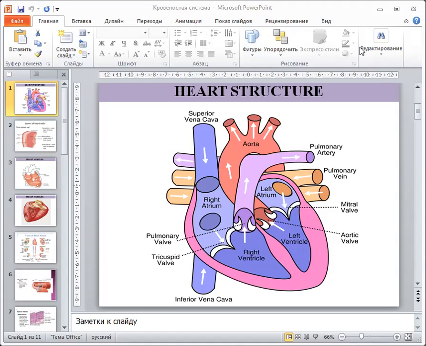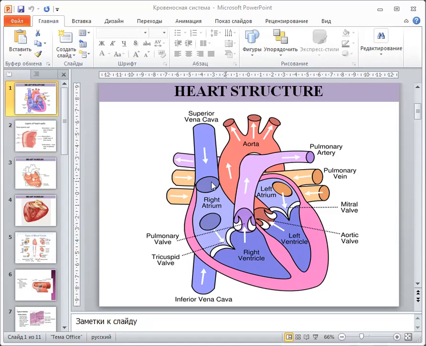The heart consists of 4 chambers, 2 atria and 2 ventricles. The left atrium and the left ventricle make up the left atrial heart. They are connected by apertures where a valve is located. There is a bicuspid valve, or mitral valve, between the left atrium and the left ventricle.